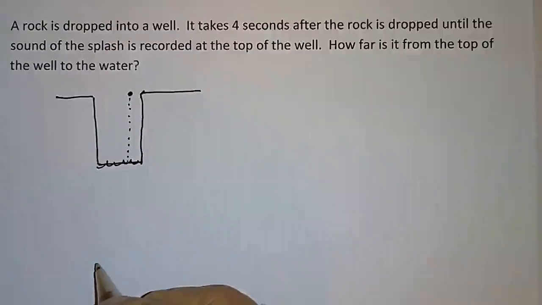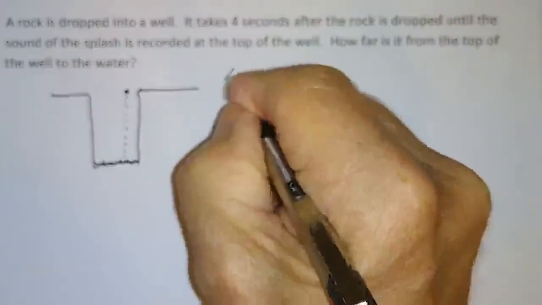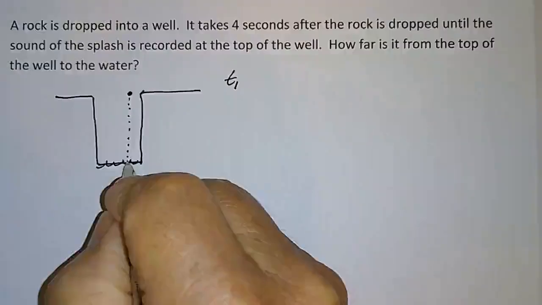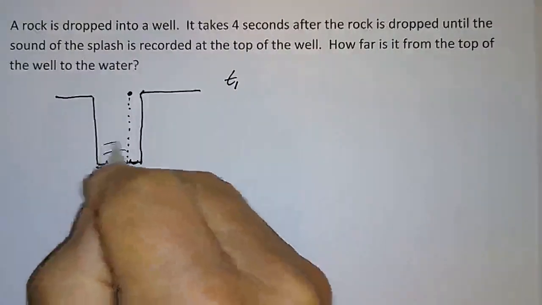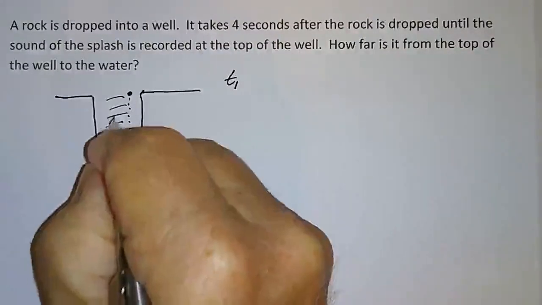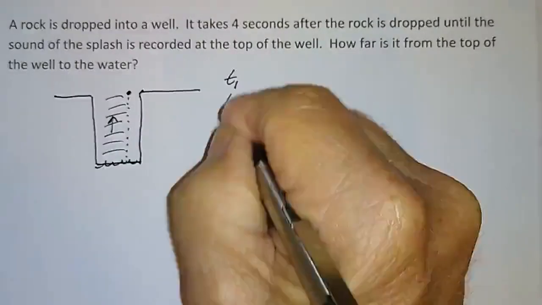The time it takes for that rock to fall, I'm going to call it T1. And then once the splash is made, the sound waves come back up to the same level, and I'm going to call that time T2.